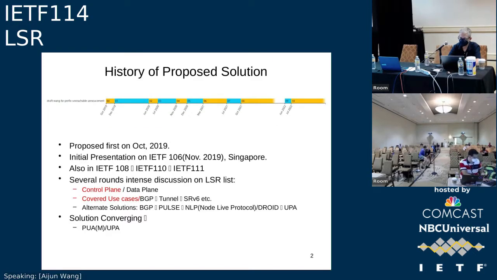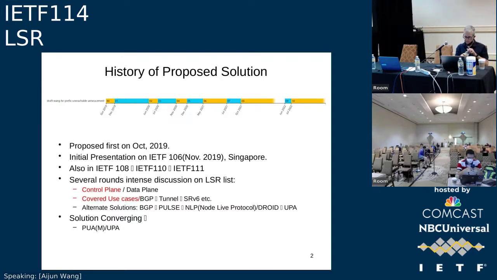So here is the history of the proposed solution. We first proposed it in October 2019 in Singapore at IETF 106, and also after several IETF meetings. We also discussed the solution intensely on the LSR list.